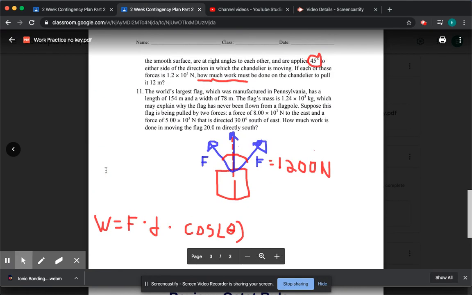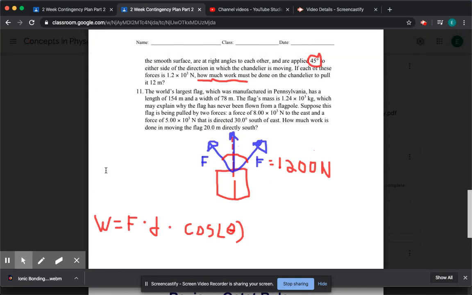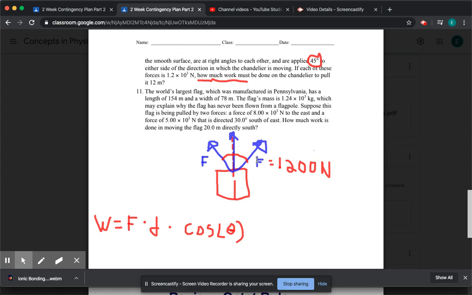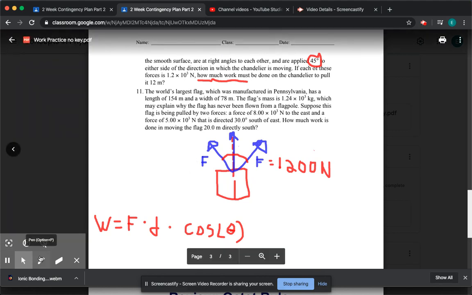Now, temporarily, I want you to pretend that we don't have two forces. Pretend we only have one force. Okay. So ignore one of these for now. Let's say we're ignoring this one, okay? Pretend this force right here doesn't exist.